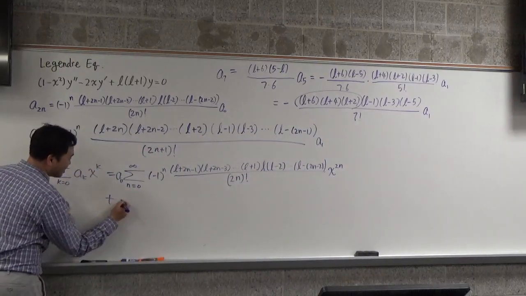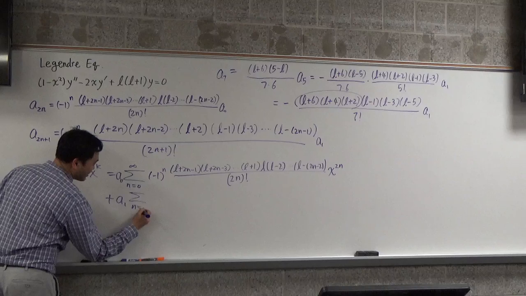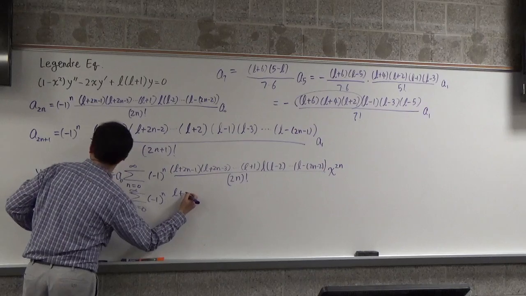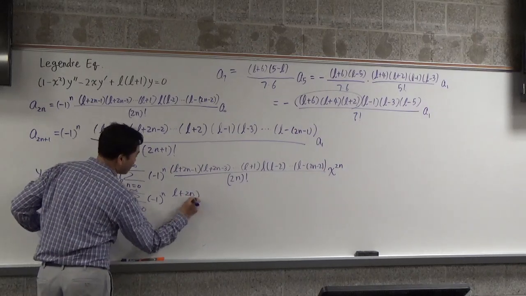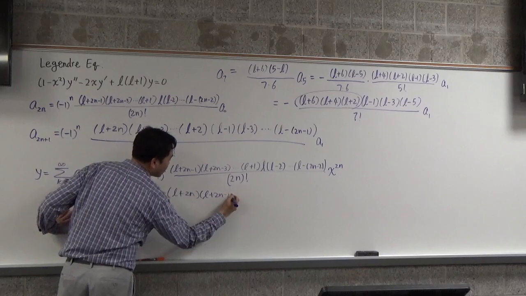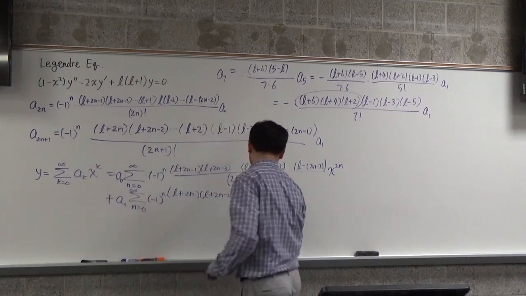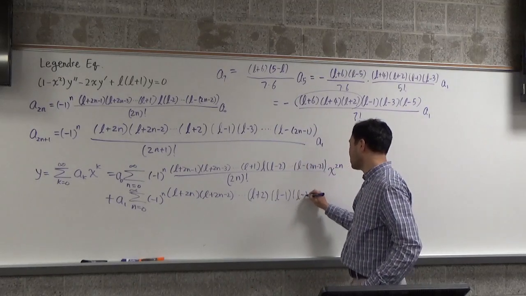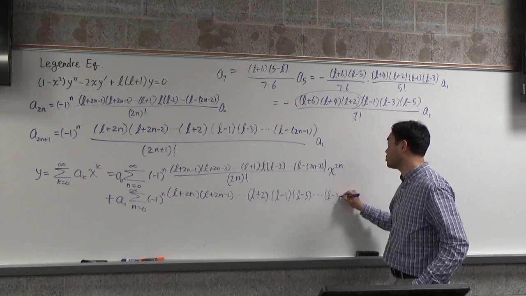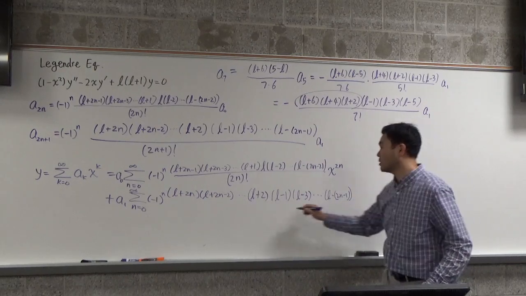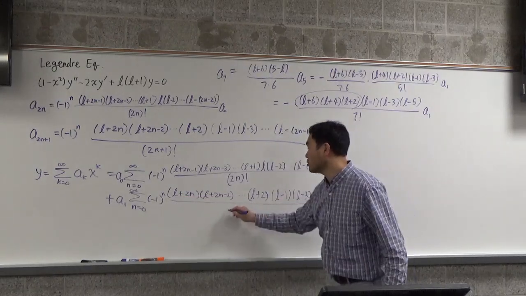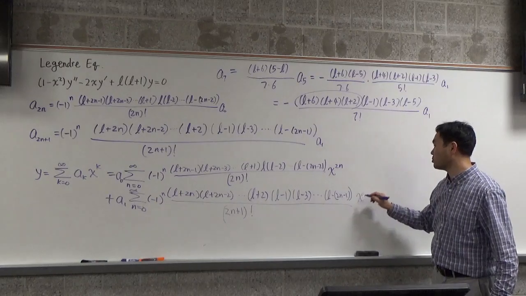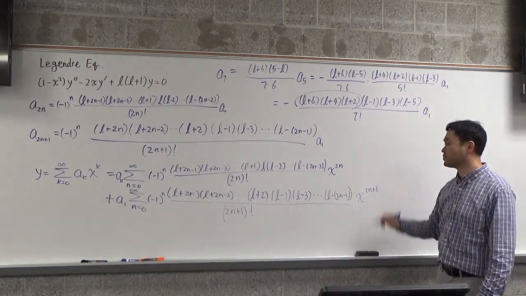Okay. A1 sigma, L plus 2n, L plus 2n minus 2 all the way up till L plus 2, L minus 1, L minus 3 all the way up till L minus 2n minus 1, all over 2n plus 1 factorial, and you have x to the 2n plus 1. Okay?